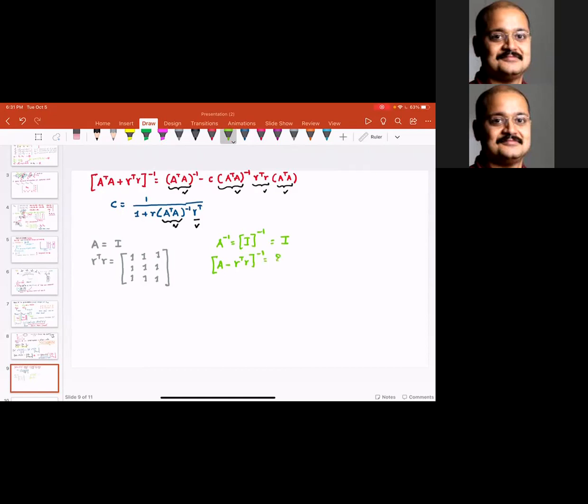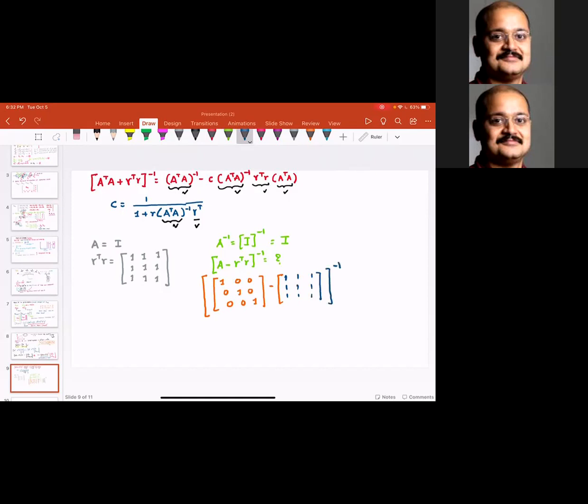Some of you may say it looks simple, but it's actually not. Because if you look at the A matrix, you have an identity matrix, so this is 1, 0, 0, 0, 1, 0, 0, 0, 1. And you are subtracting this fully populated matrix, which is all ones.